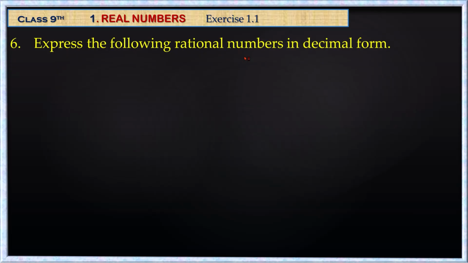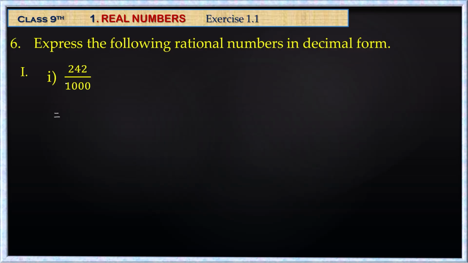Express the following rational numbers in decimal form. First one, 242 divided by 1000. In the previous classes we have learned that any rational number with the denominator equal to 10 or 100 or 1000, that means a multiple of 10 power n, can easily be converted into decimal form.